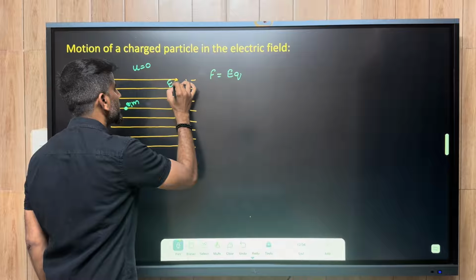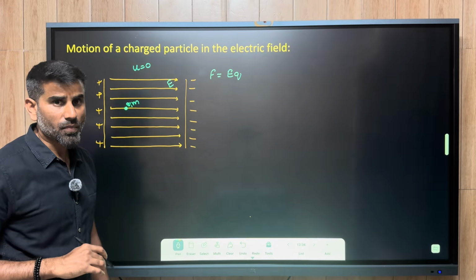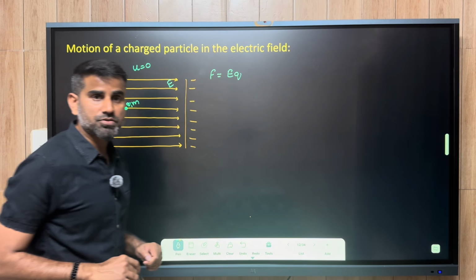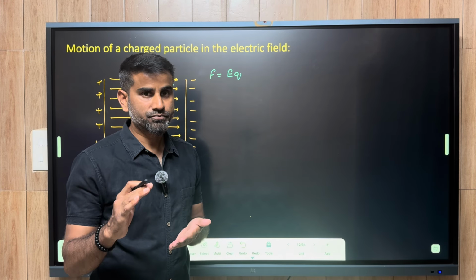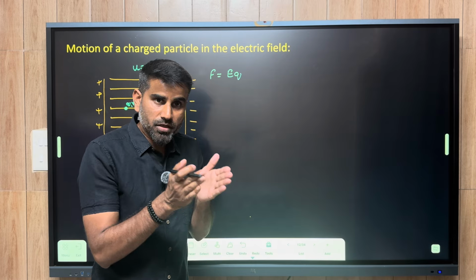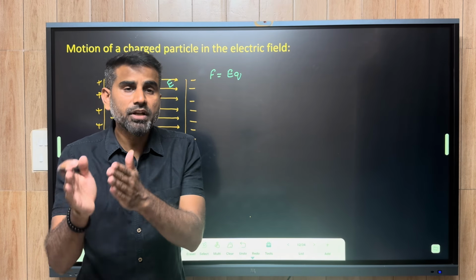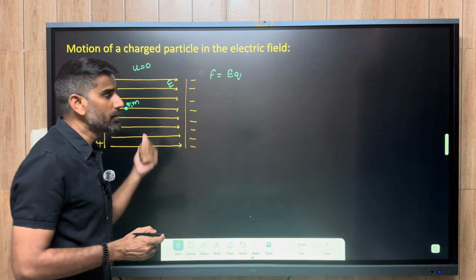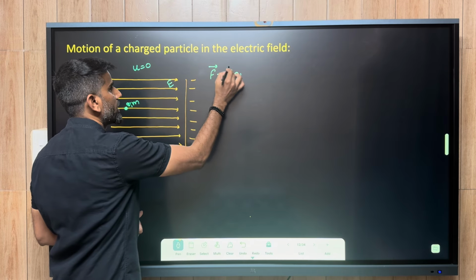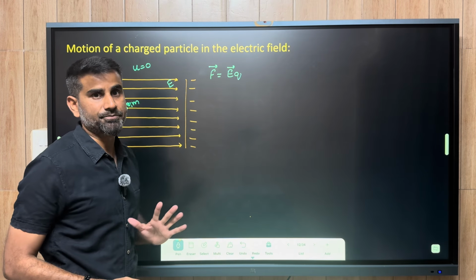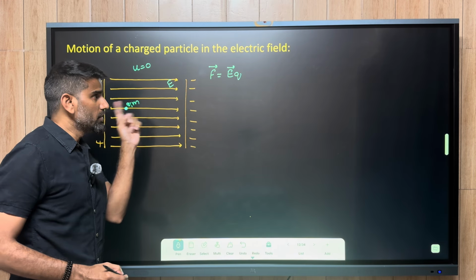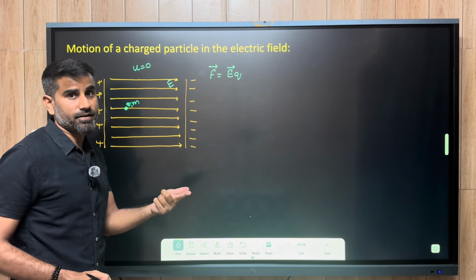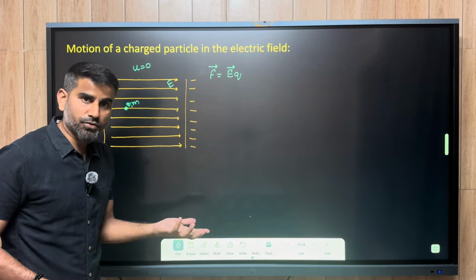As I have taken the positive charge, the force will be in the same direction as that of the field. That means direction of force and direction of field are both the same. Because of the force, this charged particle will accelerate. As there is force, there is acceleration.